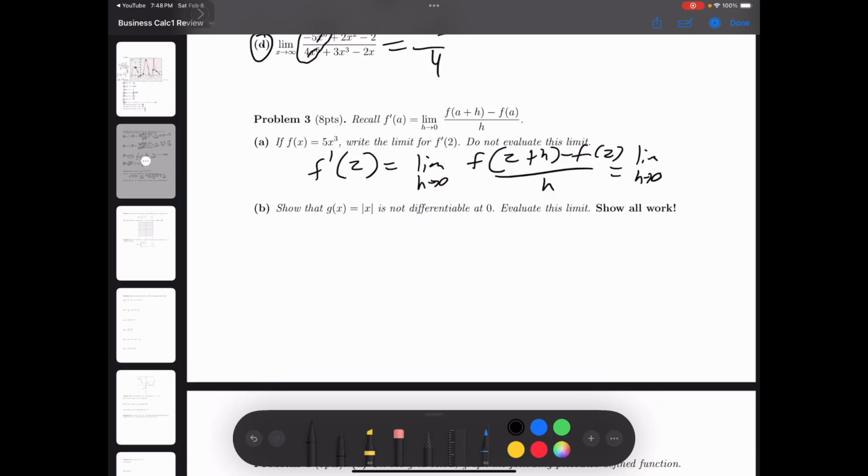F, in this case, is 5x to the third, so we get 5 times 2 plus h to the third, minus 5 times 2 to the third over h.